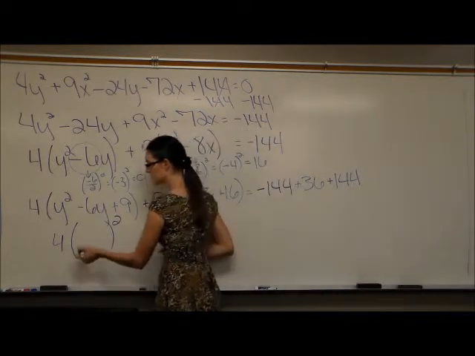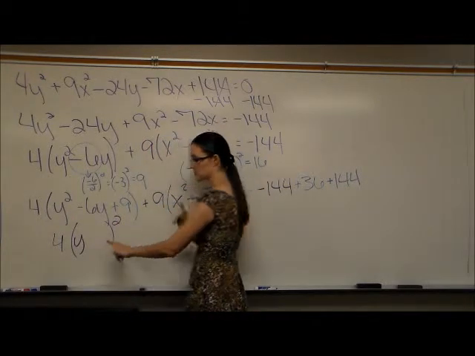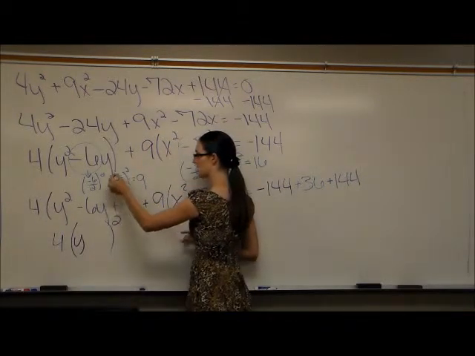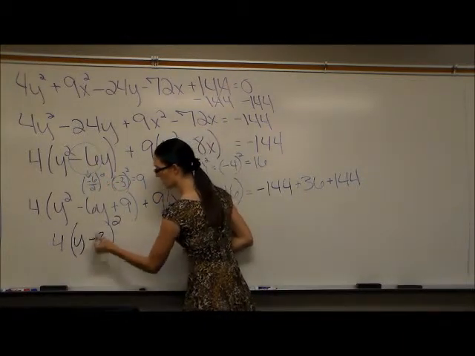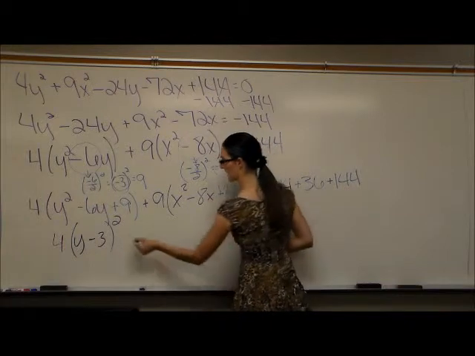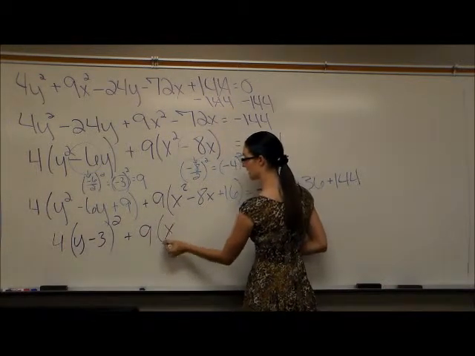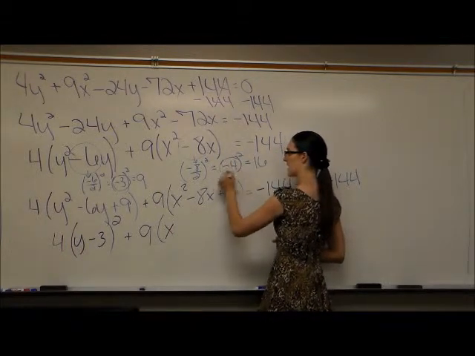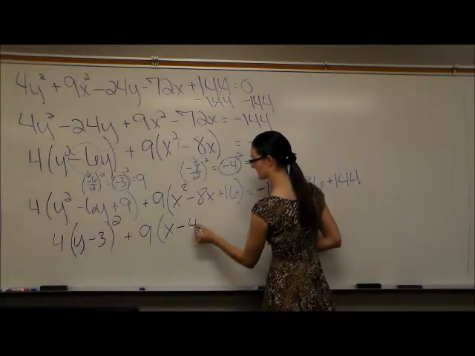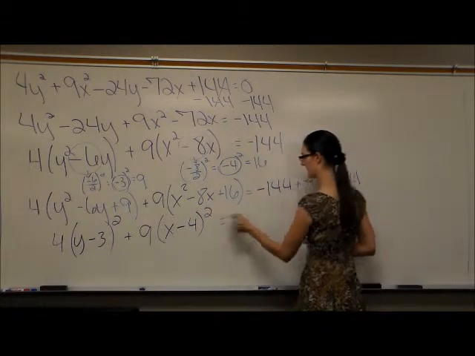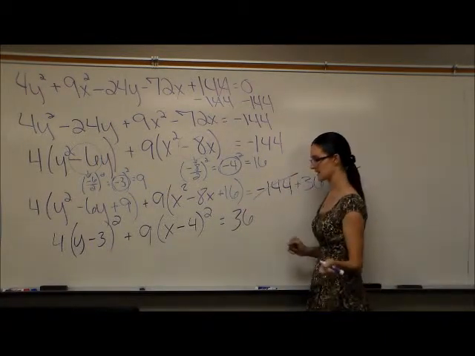The joy of completing the square is it'll always factor to the letter you're dealing with, just one of them, and as long as you keep the sign, whatever before you squared it, minus 3, plus your outside factor falls down, you're going to be left with the letter that you're dealing with. And as long as you keep your sign, whatever's inside, squared. Negative 144 plus 144 goes away, you're left with 36.